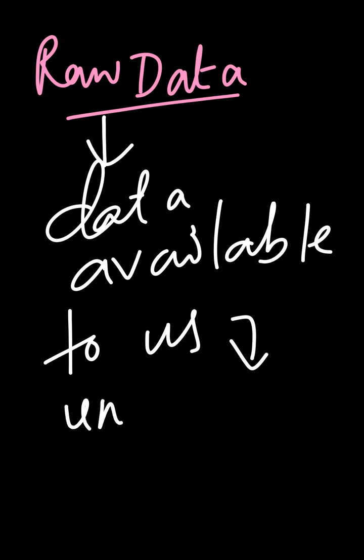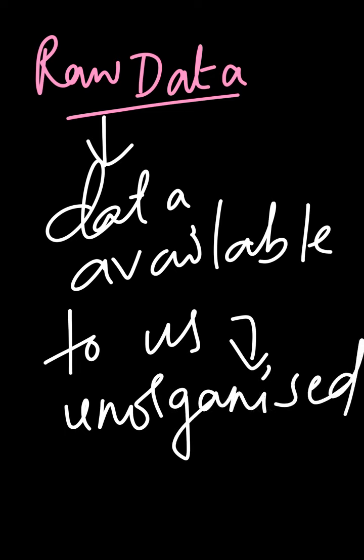Remember, data given to us in an unorganized way is called raw data. I can write it in short form. I will read the definition for you: usually the data available to us is in an unorganized form, so that is called raw data.